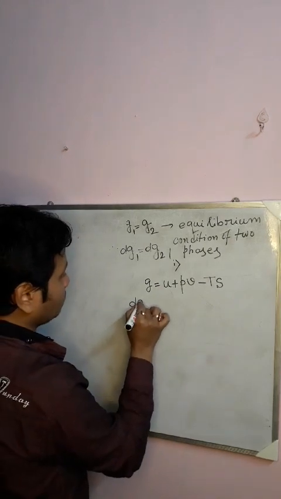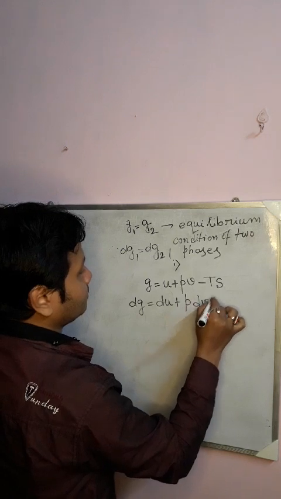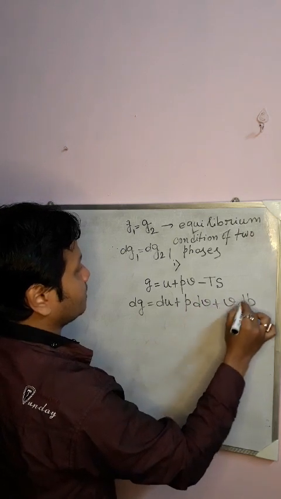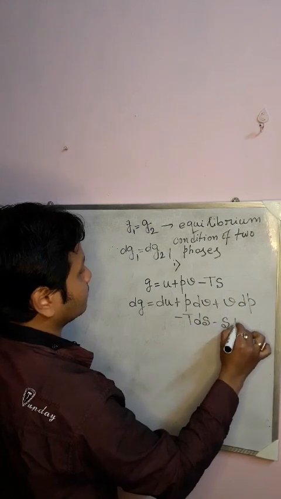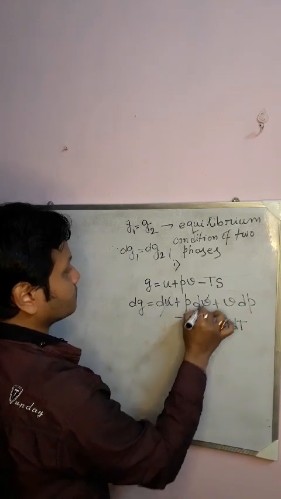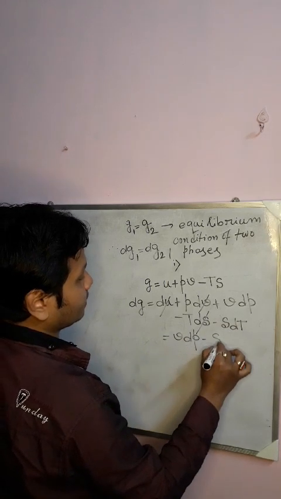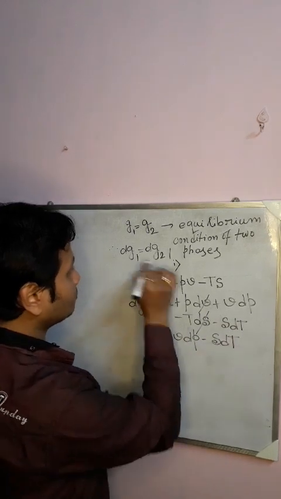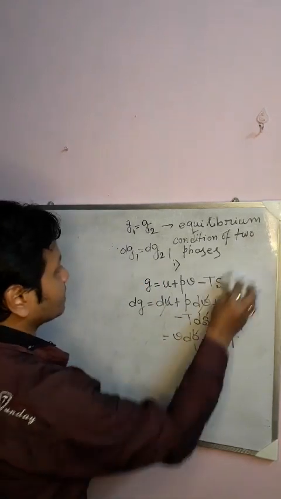So what will be my dg? du plus pdv plus vdp minus tds minus sdt. So du plus pdv minus tds cancel, so what we get? vdp minus sdt. Now we have to substitute this value in these relations.